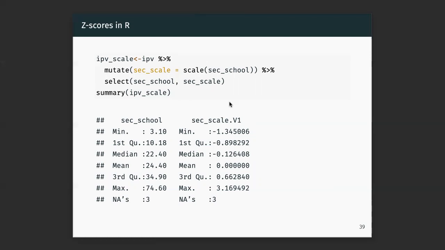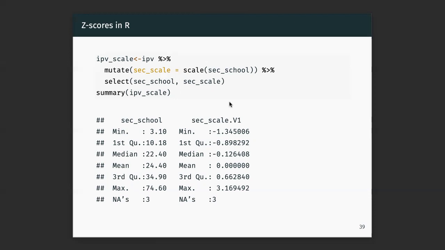If we use the scale function, I could do a mutate and convert secondary schooling to secondary scale, and you can see that I've converted it onto a continuous scale that ranges from -1.3 to 3.2. So I've taken the minimum, 3.1 minus 24, divided by the standard deviation of secondary schooling, which gives me this -1.3 number, and the maximum becomes 3.16.